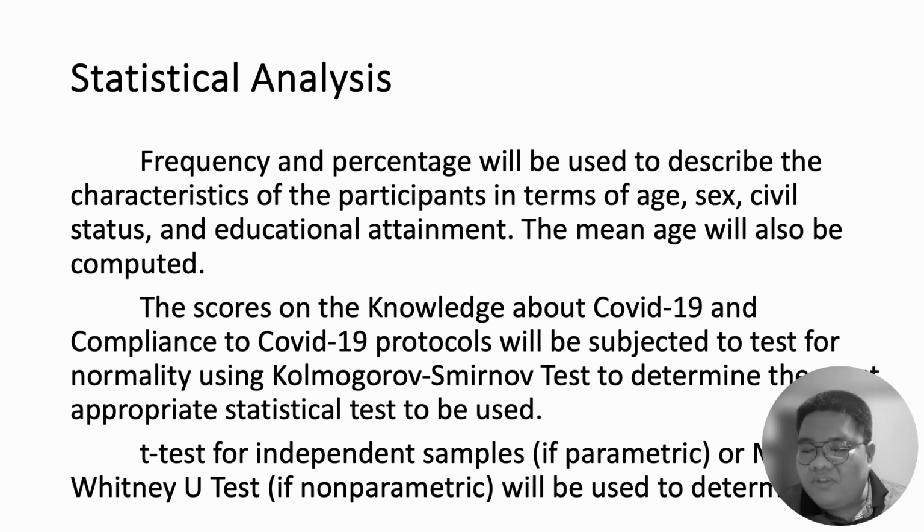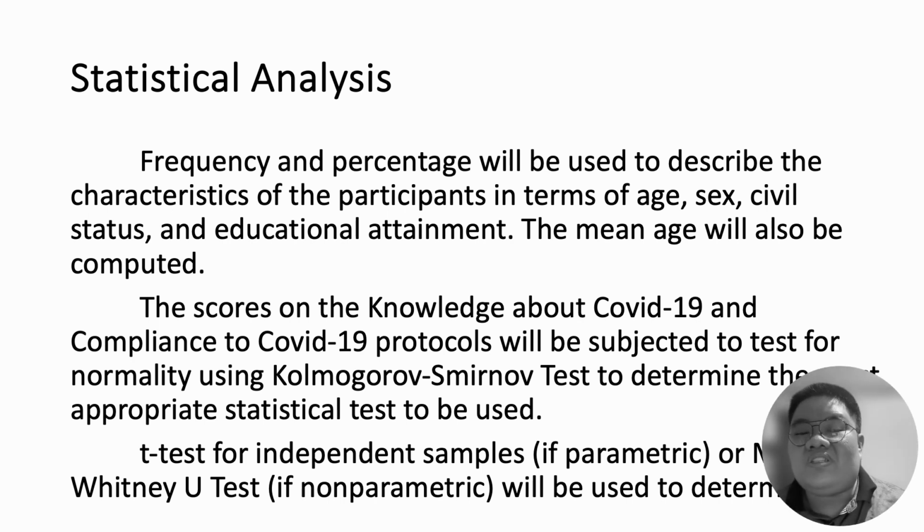And for the purpose of the proposal, you need to indicate what parametric or what non-parametric test will be used depending on the objectives of your study. So as you can see here, t-test for independent samples will be used if it's parametric.